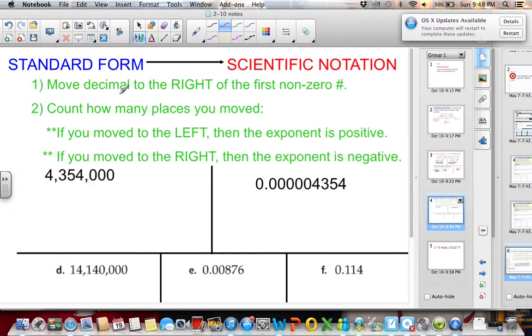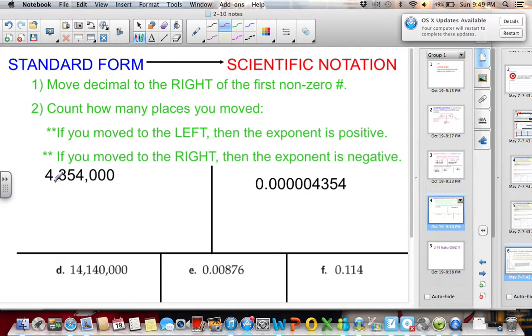It says move the decimal to the right of the first non-zero number. The first non-zero number in this one is 4. So I somehow need to get my decimal right to the right of 4, so right here.